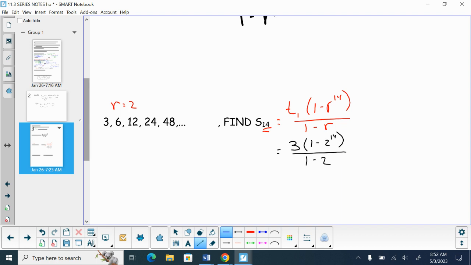You can clickety-clack it straight into the calculator, but when your ratio is negative, you're going to want to quantify that ratio on top so you don't lose your negative sign. But you can quantify the top, you can quantify the bottom. You can quantify the 1 minus 2 on the bottom if you want.